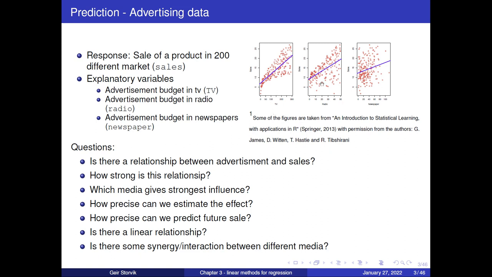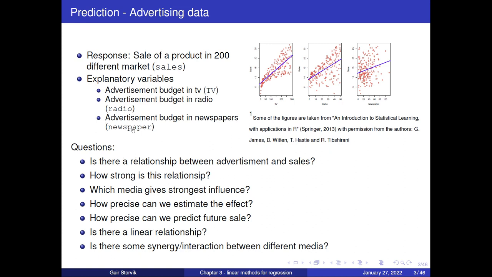These 3 different plots show the explanatory variable on the x-axis, and the response variable on the y-axis. And as we discussed earlier, this is a data set where linear methods could do reasonably well.